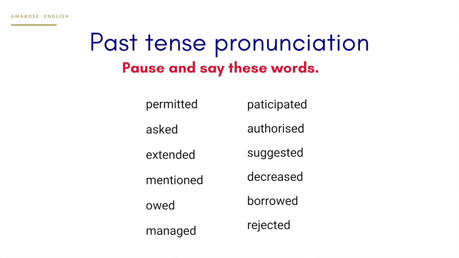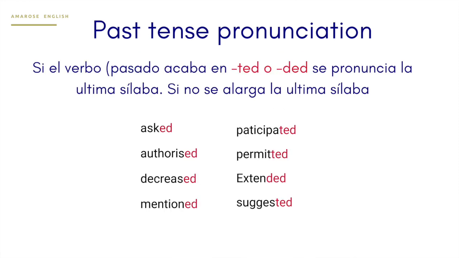Okay, so why are some pronounced one way and the others pronounced the other way? Well, let's have a look. So when a verb ends in TED or DED, the two slight differences I mentioned before, you have to pronounce the last syllable. And if it doesn't end in TED or DED, then we don't pronounce the last syllable as a full syllable.